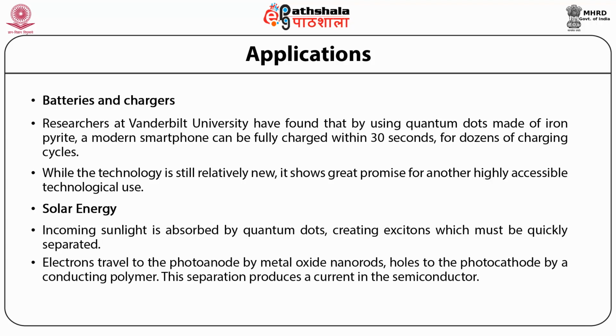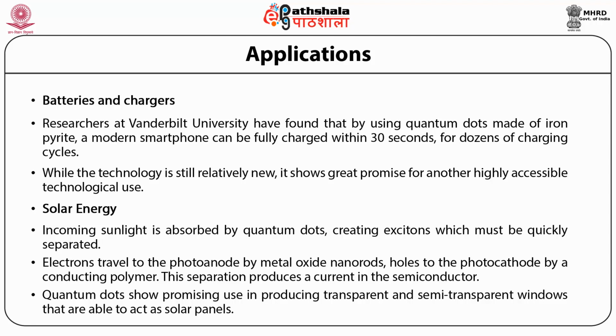Electrons travel towards the anode through metal oxide nanorods while the holes move towards the cathode. This separation of the charge carriers causes current in the semiconductor. Consequently, quantum dots can also be used to produce transparent and semi-transparent films for applications in solar panels.